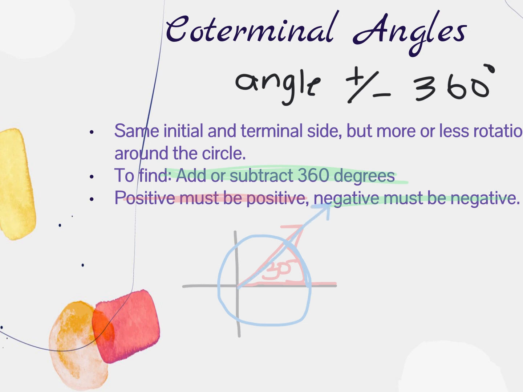I went one whole circle around 35. So that blue angle and the red angle are the exact same, but their measurements are different. The red angle is 35 degrees. What's the blue angle? 395. Where'd you get 395? 390. Where'd you get 390? Because you added 360.